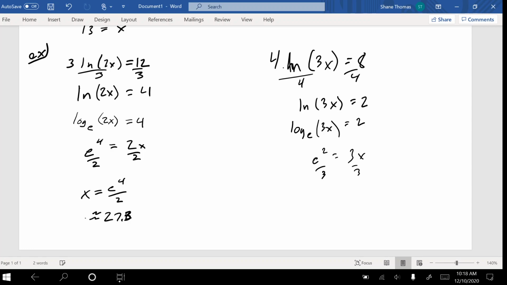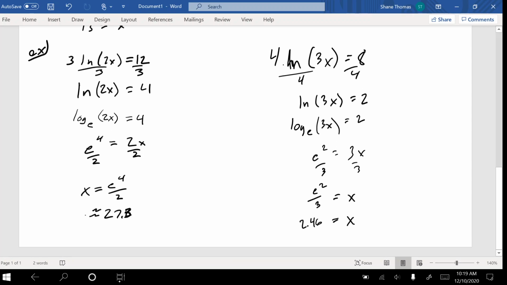Okay, so you divide by 3. So you get x equals e squared over 3. And what's that come out to be on a calculator? 2.46. Okay. Any questions on those guys?